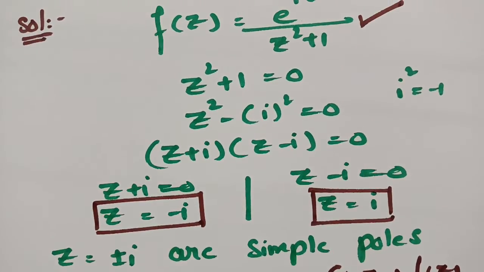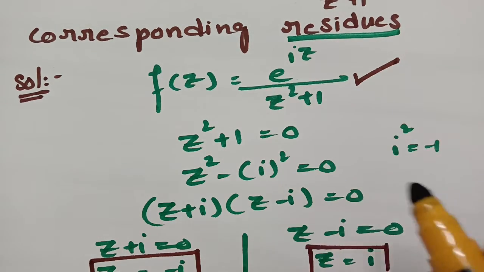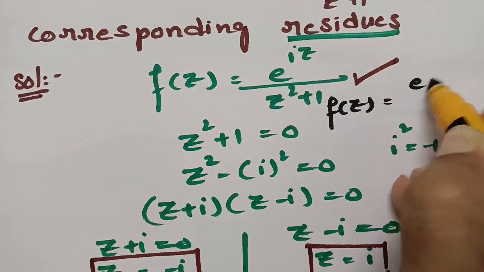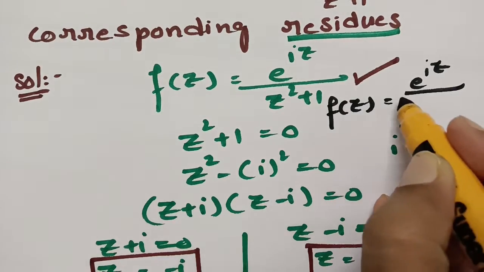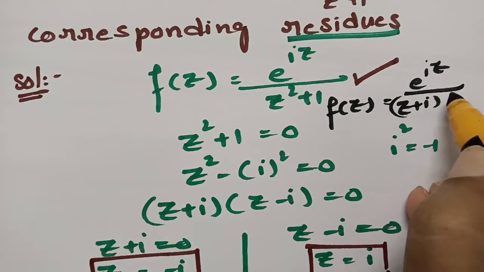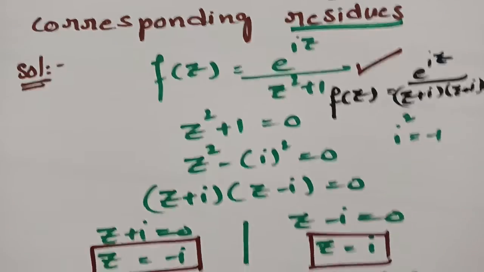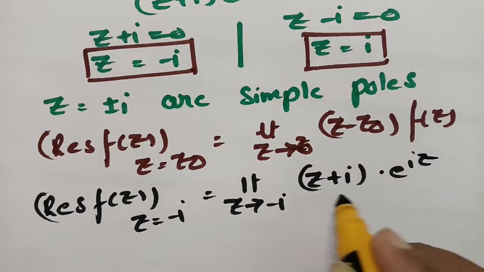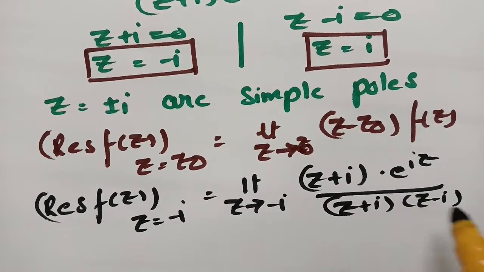So what is our f of z value? f of z can be written using the pole values as e power iz by z plus i into z minus i. Now I am writing the same thing, e power iz by z plus i into z minus i.